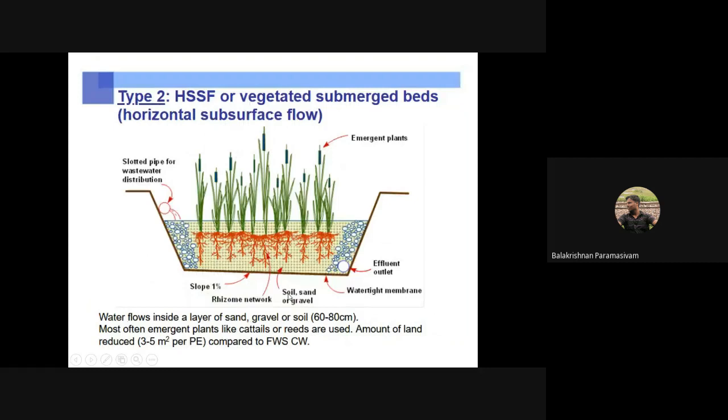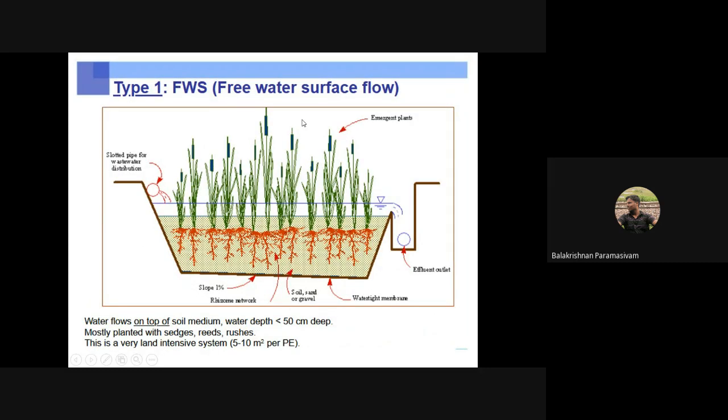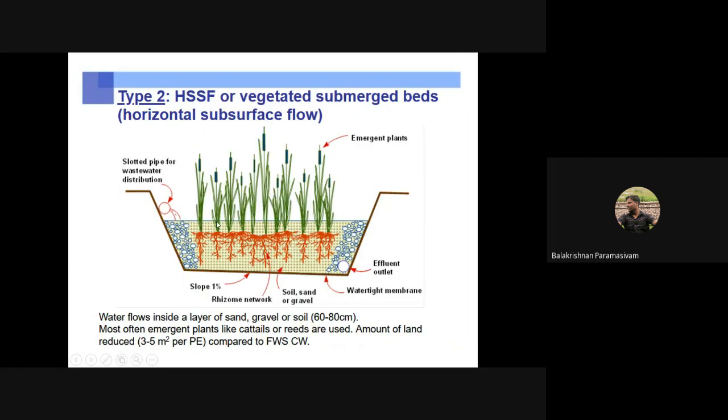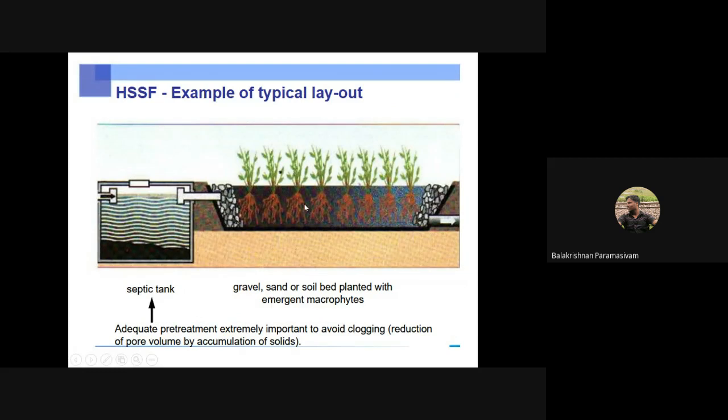But in case of free water surface, water is flowing on top of the filtration system, so here we have to provide proper mosquito control. So that's why in most conditions this free water surface flow constructed wetland is not suggested, and it is not operated for any sewage treatment system. Mostly it will be used for the horizontal or vertical subsurface system.